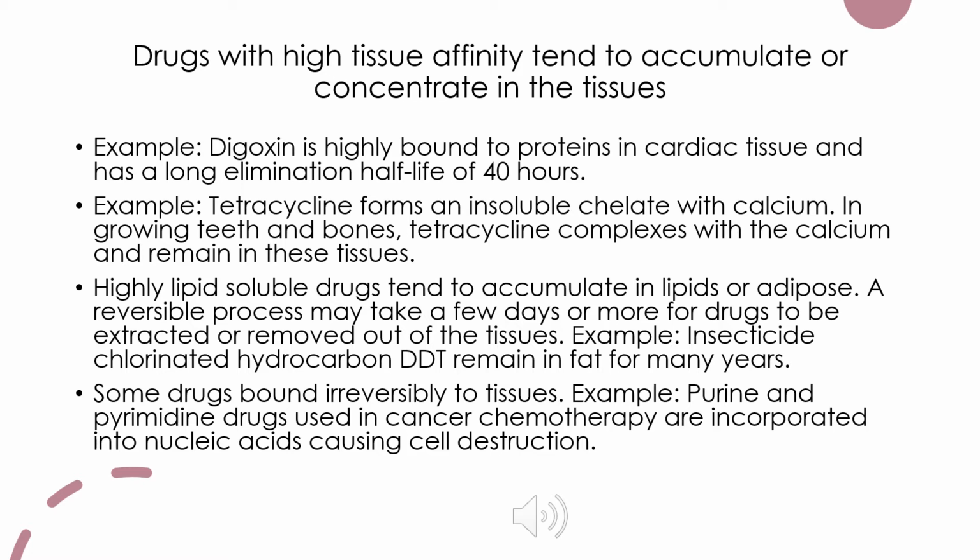However, once the drug is concentrated in the fatty tissues, drug removal from the fat may also be slow. For example, the insecticide chlorinated hydrocarbon DDT is highly lipid soluble and remains in fat for years.